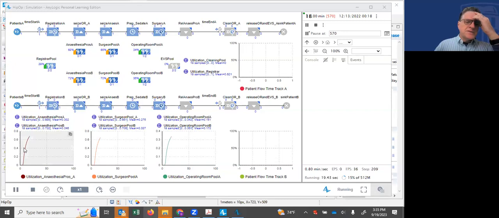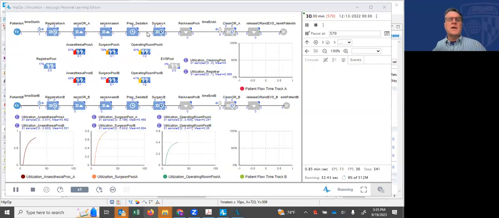So what's happening is patients come in, they grab an OR, they grab an anesthesiologist, they get sedated, then the surgeon kicks in. I want you to notice in this process where the surgeon is involved, and it's really only here in these two tracks. The anesthesiologist is involved from prior to the sedation to being released here.